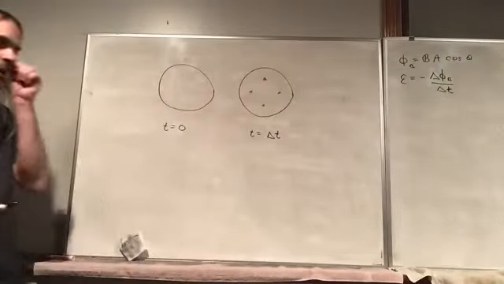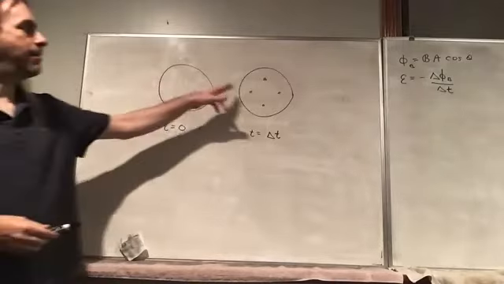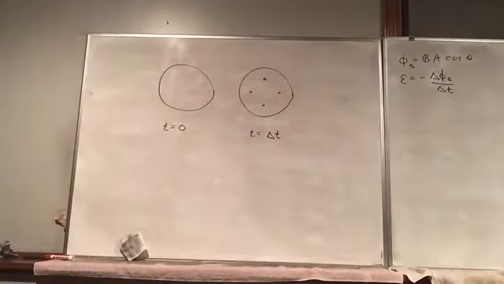Initially, the flux was 0. At some later time, we have a flux now because there's a magnetic field passing through this surface. And so there will be an EMF around the loop while that flux is changing.